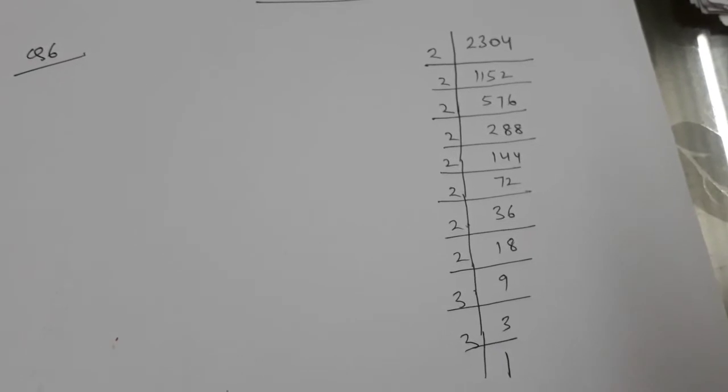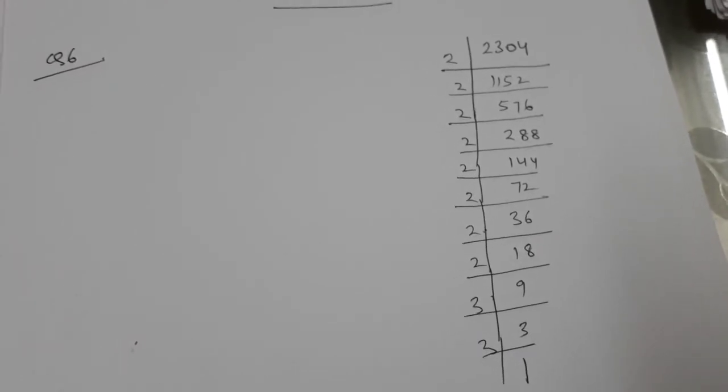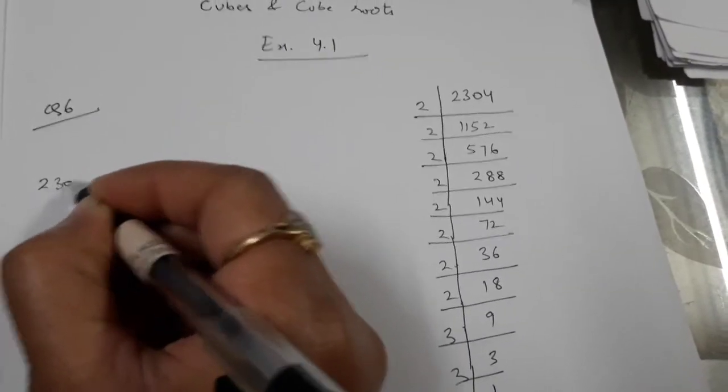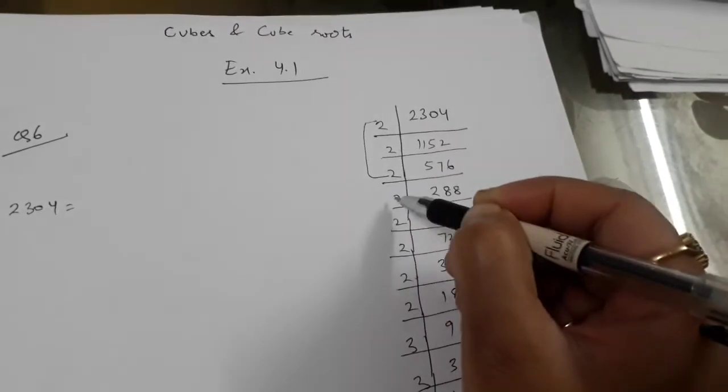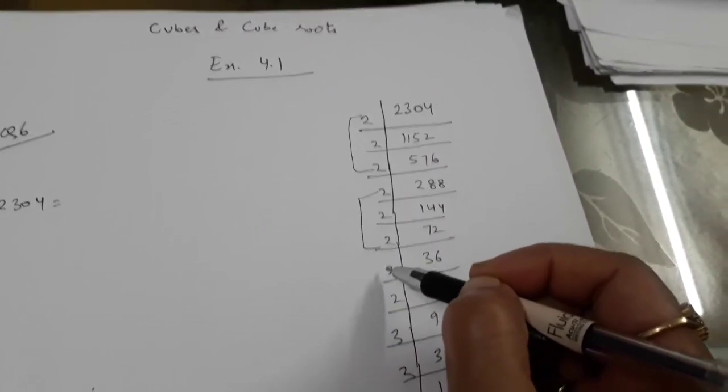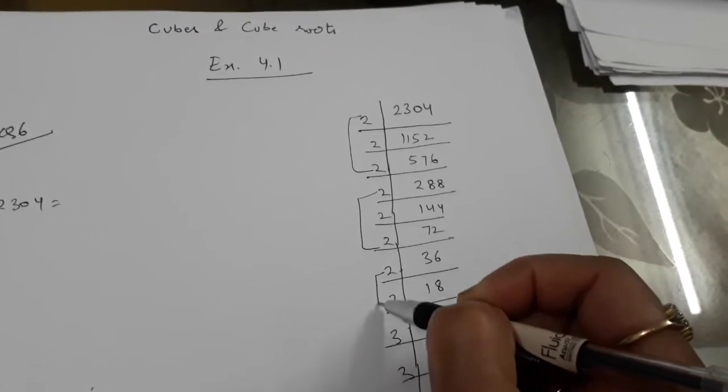So this is the prime factorization of 2304. As we have seen, 2304 has the factor 2 three times, because this is a chapter of cube roots, we have to take 3 times for every prime factor.